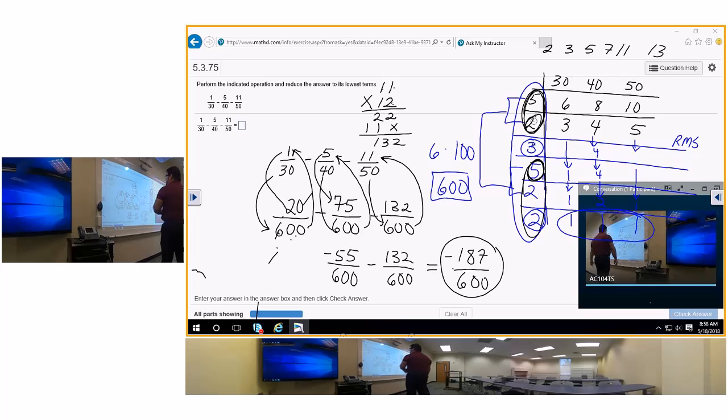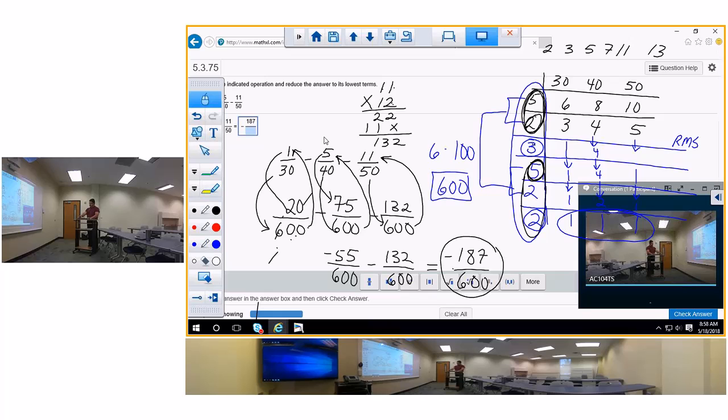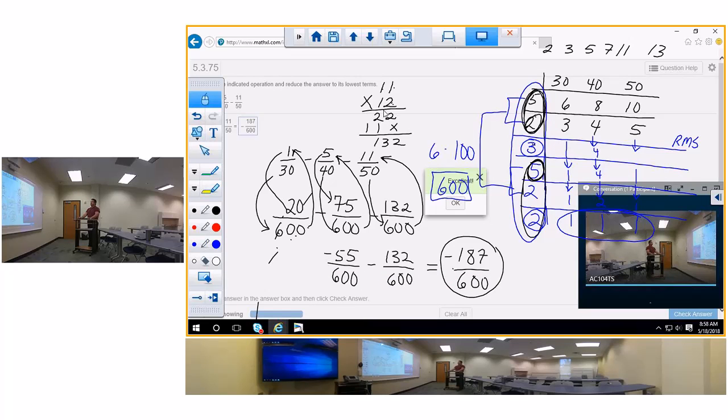That should be your answer. Let's see what happens when we type it in. Negative 187 divided by 600. It's a miracle. We got it right.